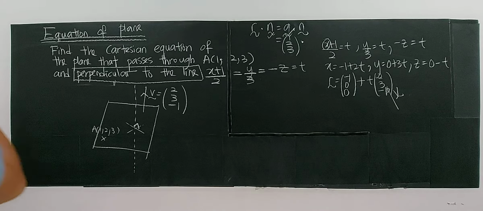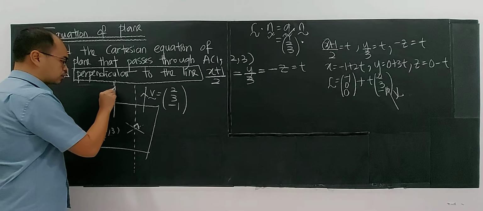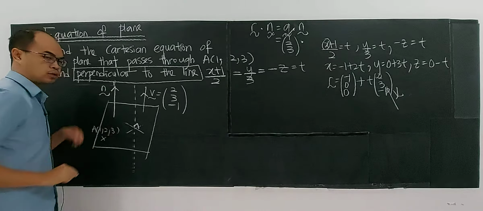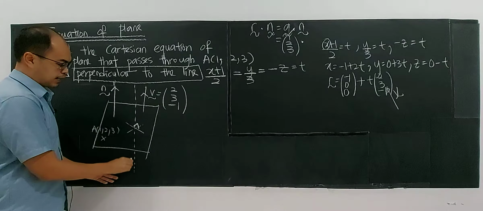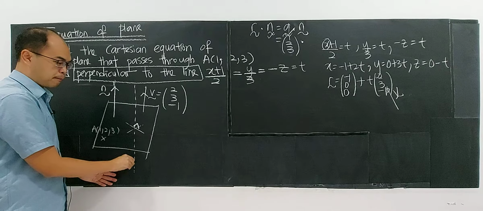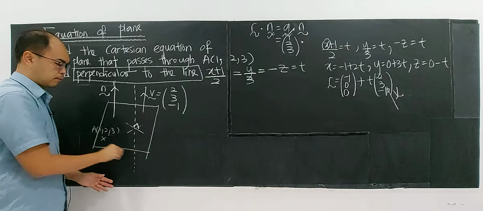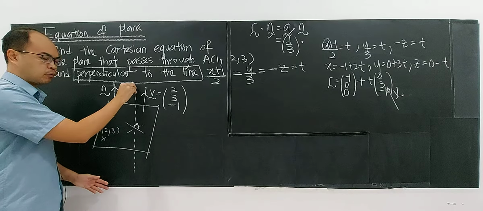I tell you that the normal of the plane is perpendicular to the plane, right? It's a normal vector, so it depicts the direction of the plane. If you see that this line is perpendicular to the plane, what can you say?